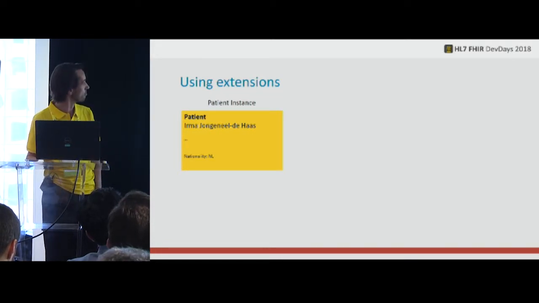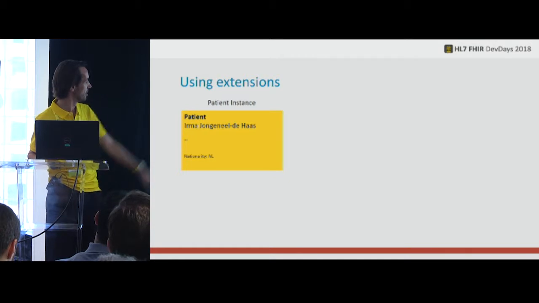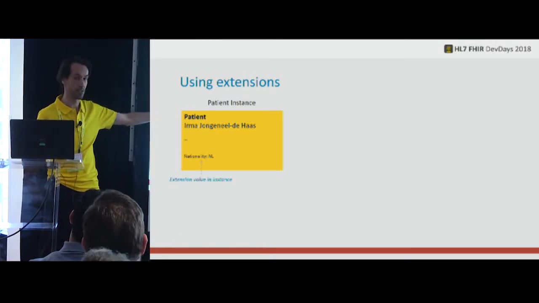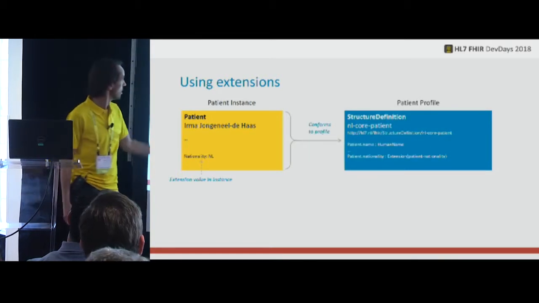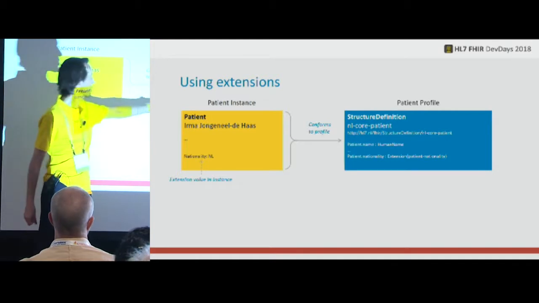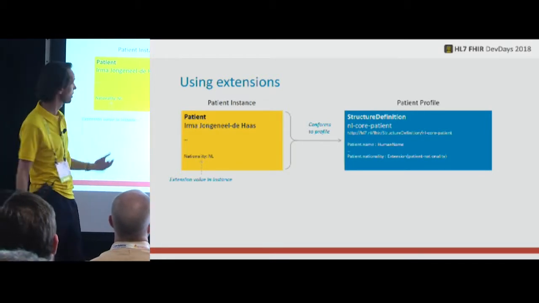So for example, here we have a patient record from Irma, from HL7 in the Netherlands. And she has nationality on it. So this is an extension. This example resource conforms to the Dutch patient profile that we created with some additional rules for our country.